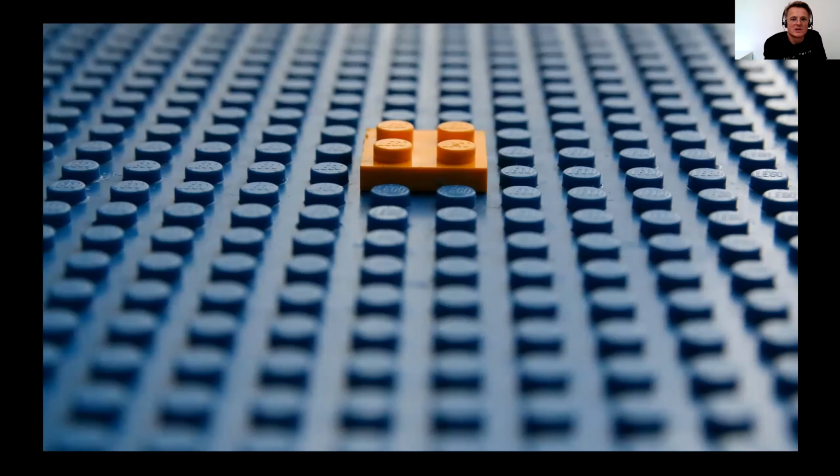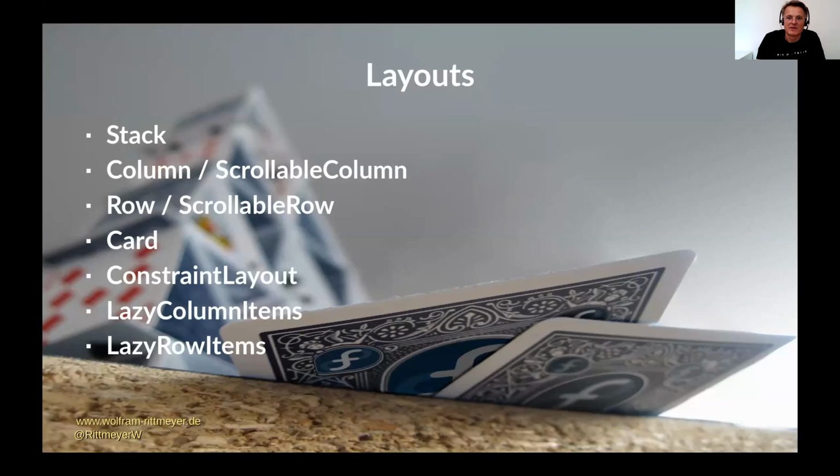So let's see what components and what layouts we have available. So I already mentioned the stack. It's more or less like a relative layout where you stack components on top of each other and then with some gravity place them around the screen.